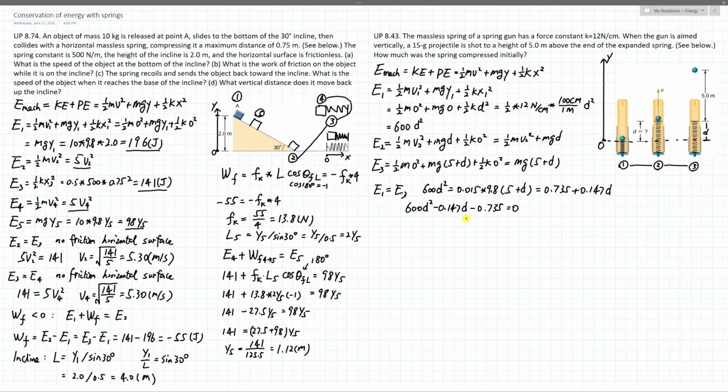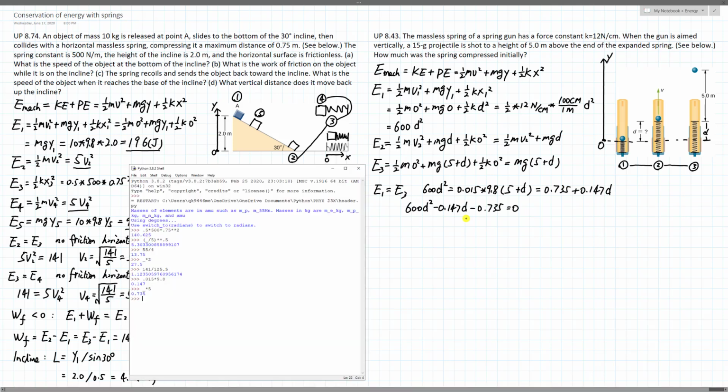So let's use our calculator again, because our calculator has a quadratic equation solution routine. So let me bring out my keyboard. Okay, so a value is that quadratic coefficient of 600, and b value is the linear coefficient, minus 0.147, and c value is that constant, minus 0.735.